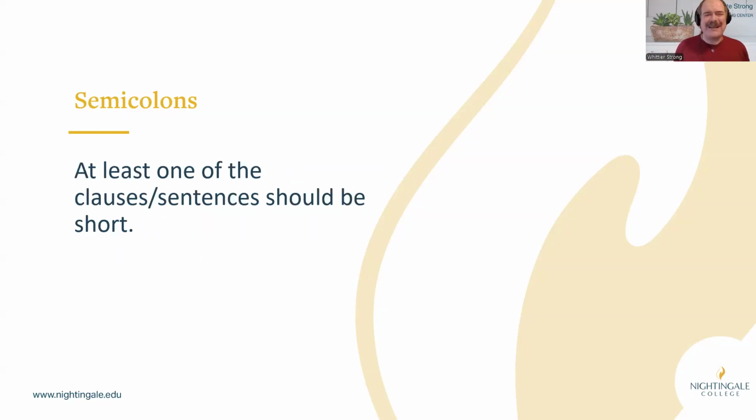Another rule of thumb is that at least one side of the semicolon, one clause or sentence, should be short. How short? That's a judgment call. It's more an issue that if you're trying to merge two longer sentences with a semicolon, it's going to be very hard for the reader to keep track of what's going on in the sentence.